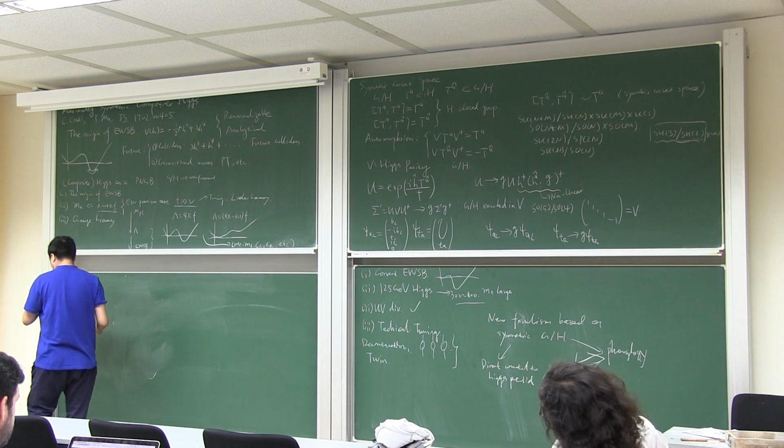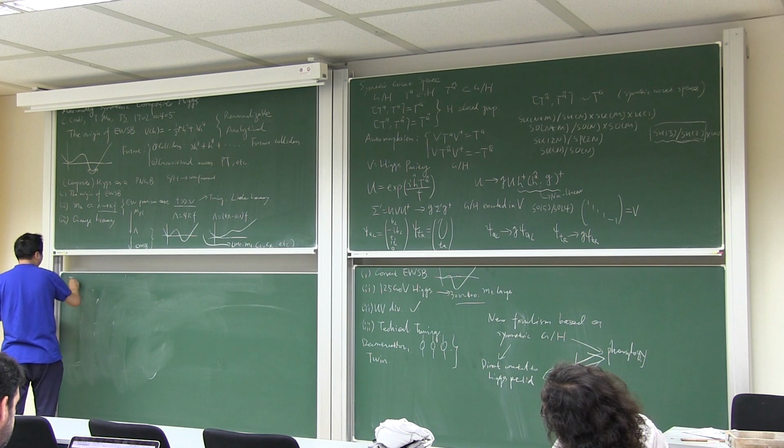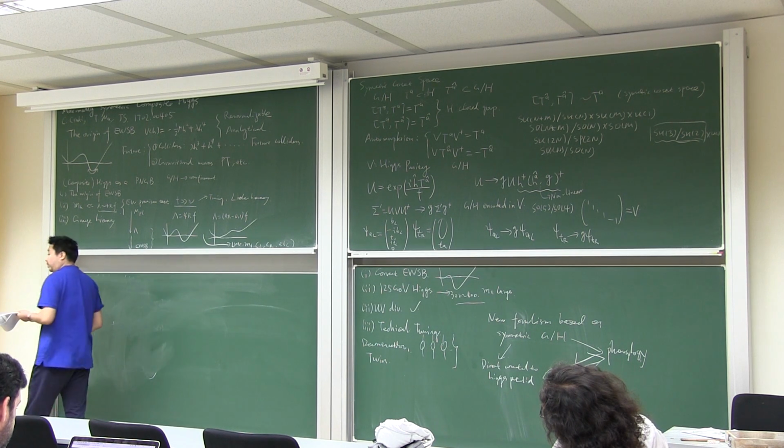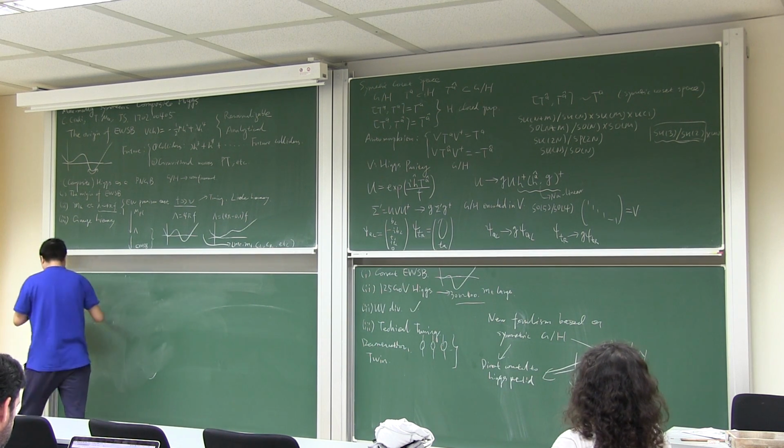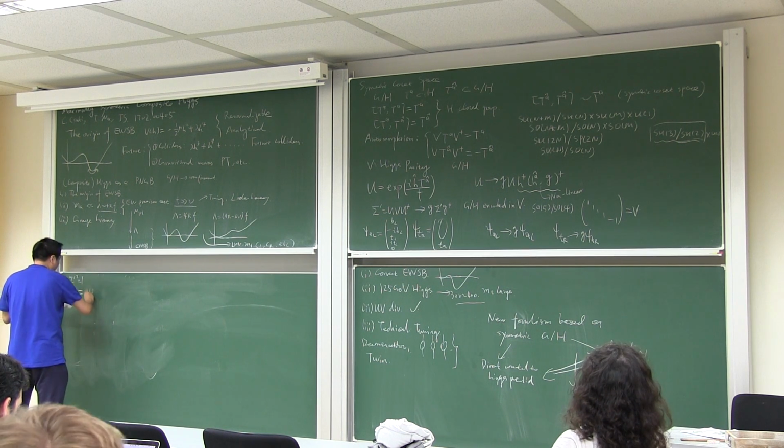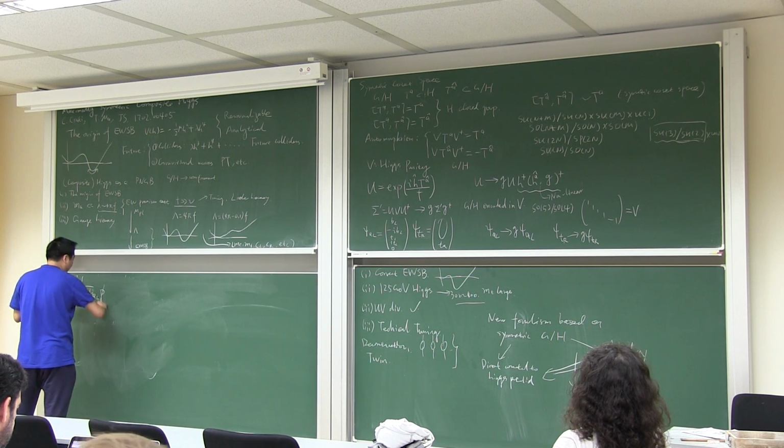So now I can write a top Higgs system, but remember that actually this Sigma prime squared equals 1. The most general low energy Lagrangian I can write down is this.